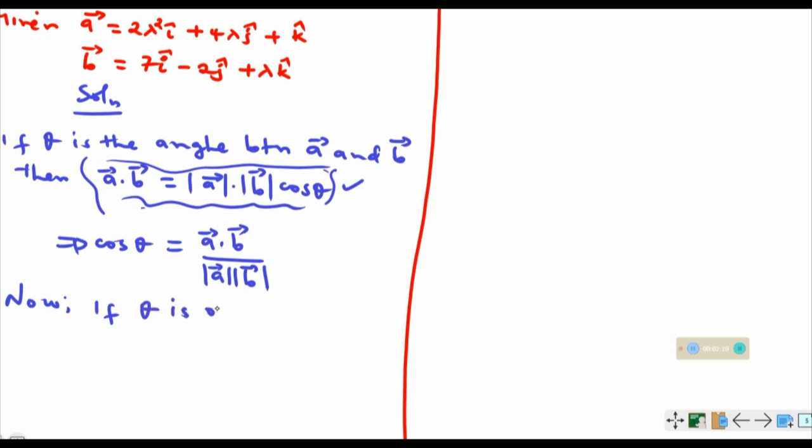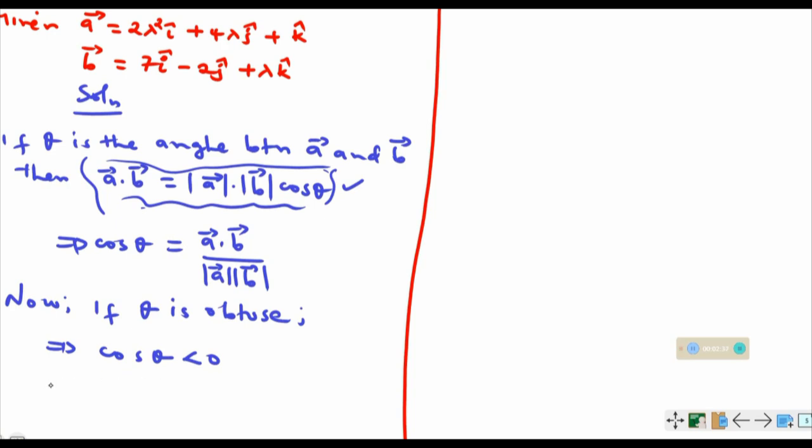If theta is obtuse, it will imply that cos of theta should be less than 0.